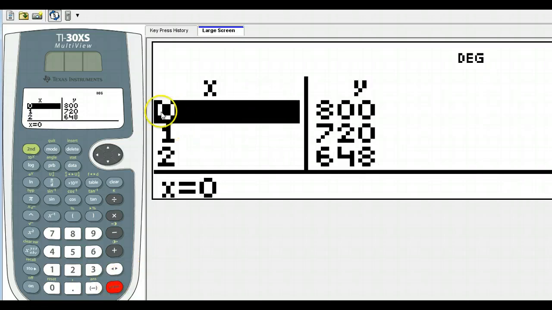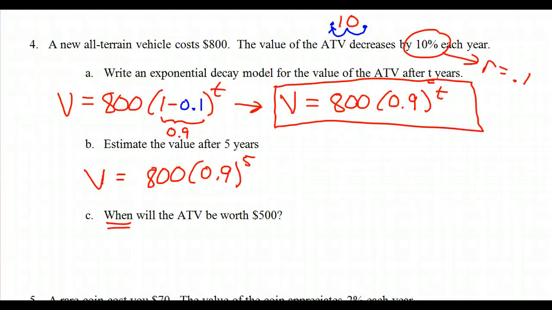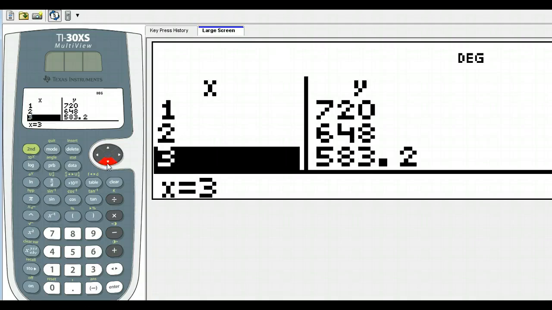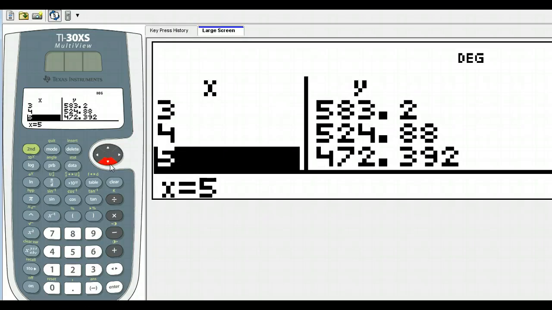Sure enough, the year 0 means the very beginning, and we're starting off with a value of $800. Now as time goes on, we want to know the value after 5 years. So this is the value after 1 year, 2 years. We can just scroll down, 3 years, 4 years, 5 years.